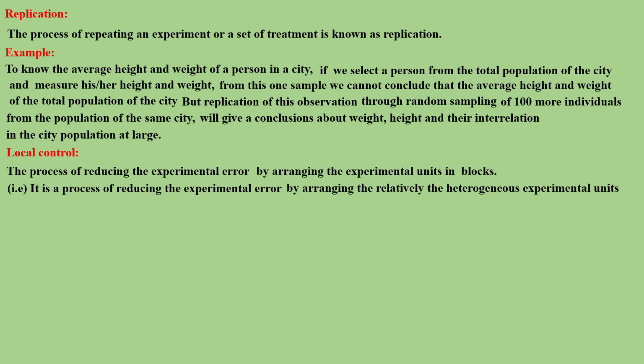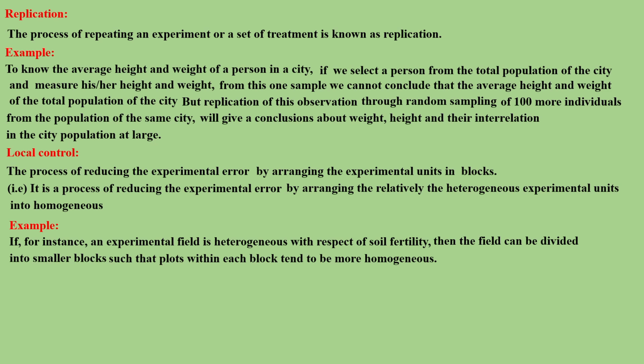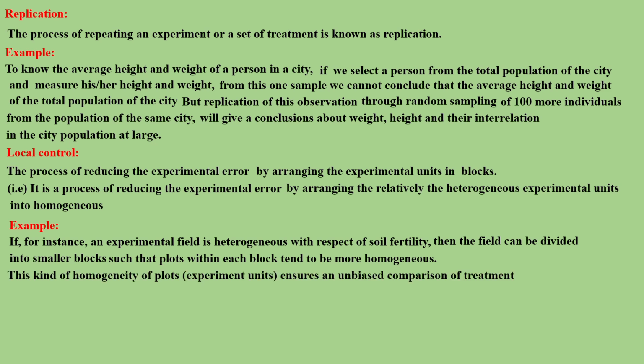Heterogeneous means that if you have different types of soils in one block, that is heterogeneous, right? Homogeneous is the same, all almost the same. For instance, if an experimental field is heterogeneous with respect to soil fertility, then the field can be divided into smaller blocks such that the plots within each block tend to be more homogeneous.